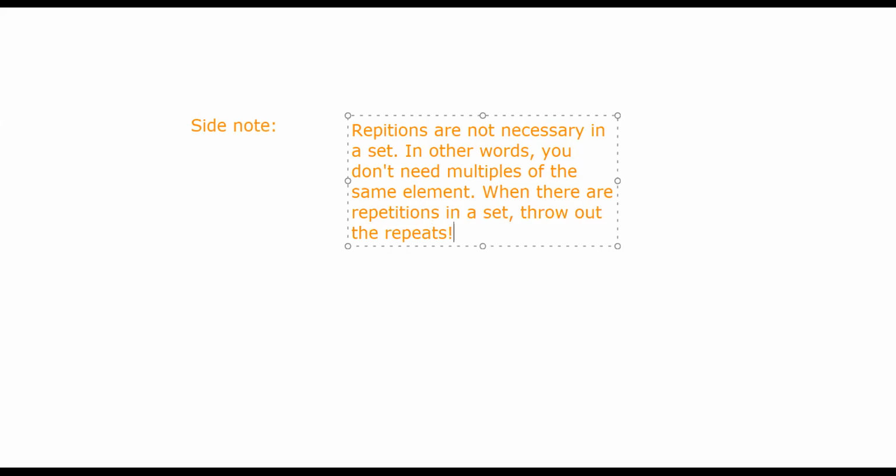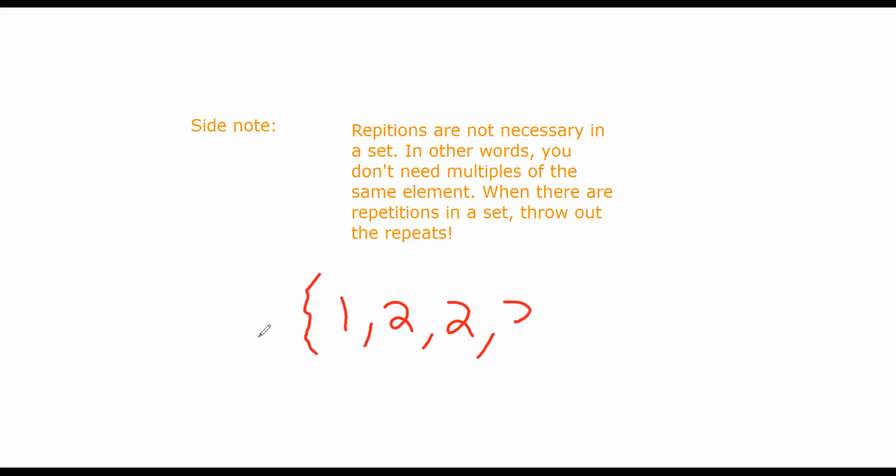You do not need to have this. The set containing 1, if you see this, you see the number 2 is in there multiple times. You see the number 3 is in there multiple times. We don't include them multiple times.